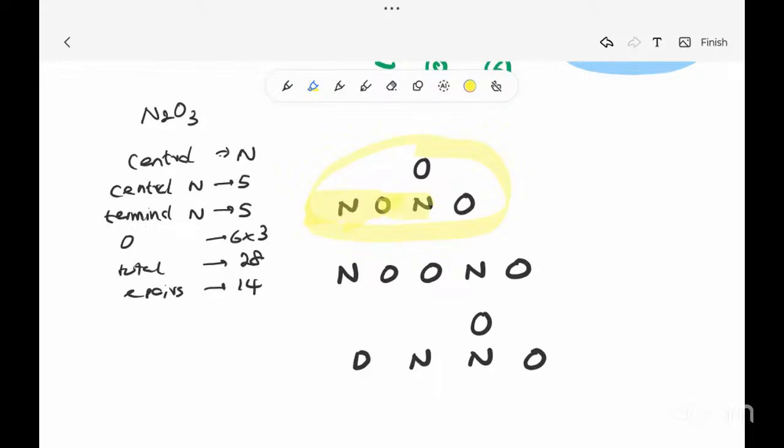So the terminal nitrogen atom connected to oxygen, I'm talking about this one, can only take one bond because there is no other element for nitrogen. So therefore that nitrogen cannot create the electron octet. So that is unstable. Same scenario is here as well.